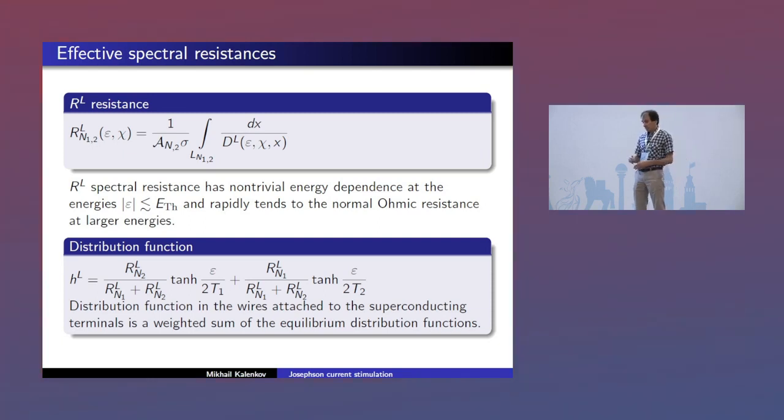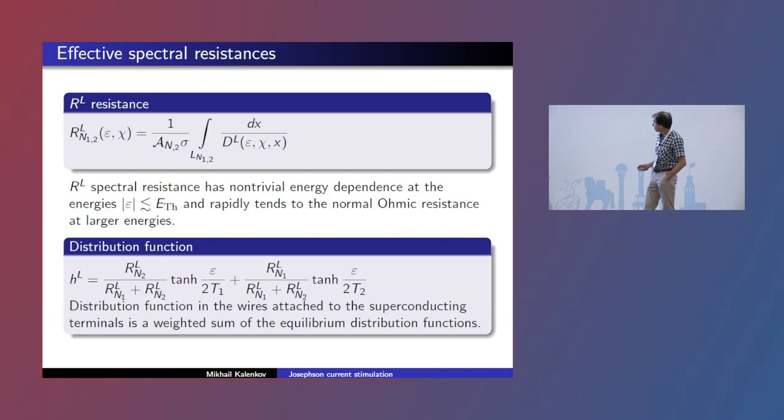This spectral resistance in general depends on energy and phase difference, but at large energies DL tends to unity, and this spectral resistance is simply the normal state resistance of the corresponding wire. So we can say that the spectral resistance is just the resistance of the wire at a particular energy. The energy dependence, again, arises due to the proximity effect. And then we can just solve the equation and write the distribution function inside the system in this form.